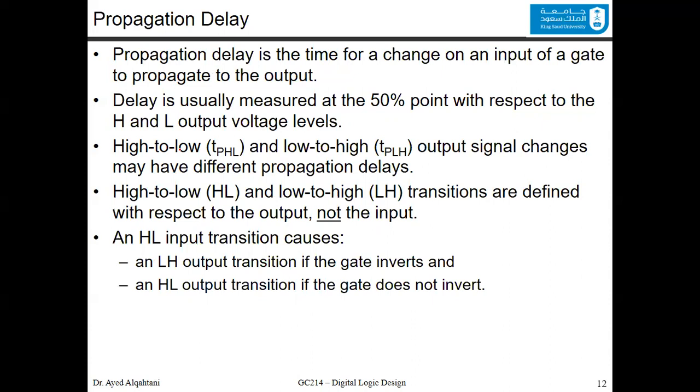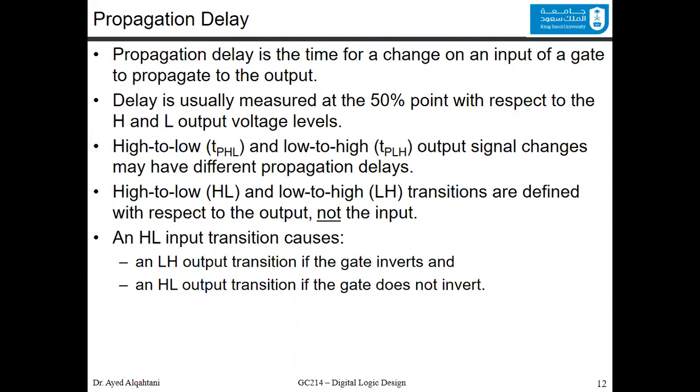We will distinguish between the high to low and the low to high. So we have a certain time, TPHL, and another time which is called TPLH. The changes that happen in those two times may contribute to having two different propagation delays.